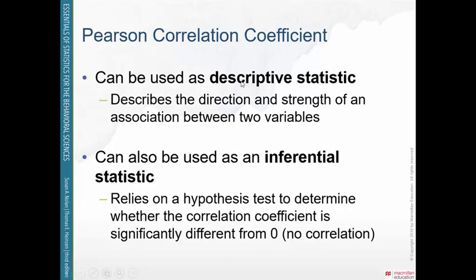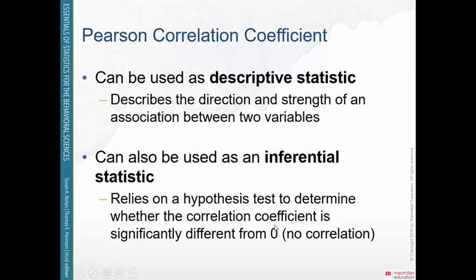The correlation coefficient can be a descriptive statistic. As we've been talking about it, it's a descriptive statistic telling us about the direction and strength of an association between two variables. But it can also be used as an inferential statistic where we do a hypothesis test to tell us, based on our sample data, if we see a correlation in our sample, would we also see that correlation in the population?